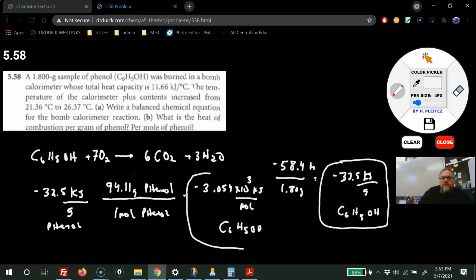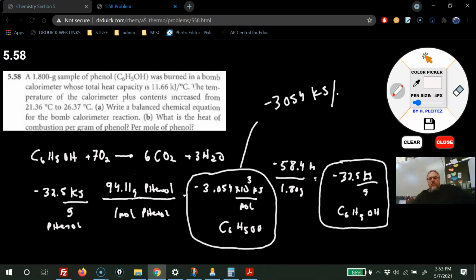It's a huge number, negative 3054 kilojoules per mole, but I wrote it like this because it looks better. That's how you do bomb calorimetry. You find out the kilojoules per degree raised, and you work it out. It's a little easier because you don't have the water element, but that's how you do it.